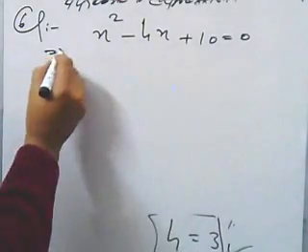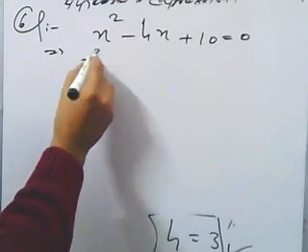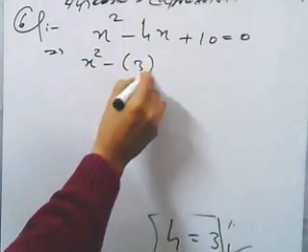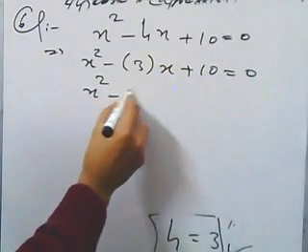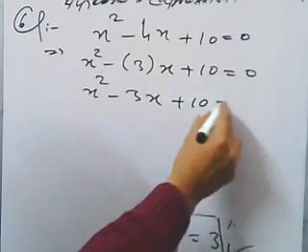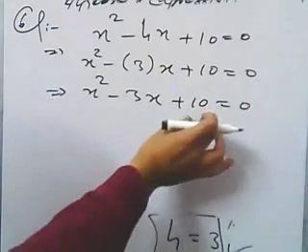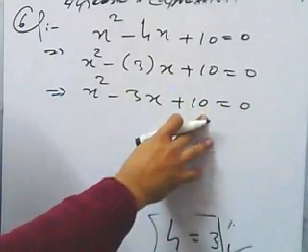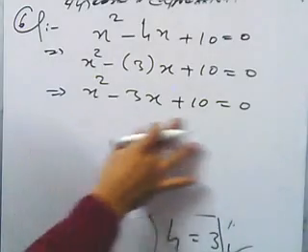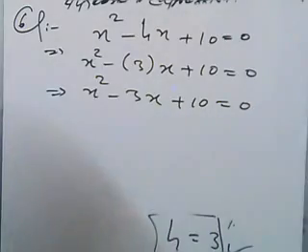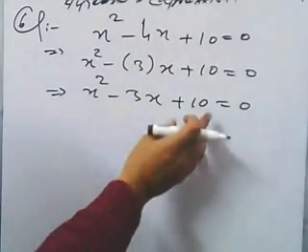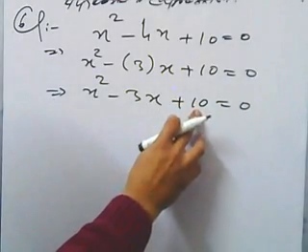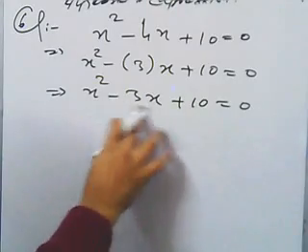Put here the value of h, x square minus 3x plus 10 is equal to 0. So we have to make such conditions that we are able to solve this quadratic equation. How to solve this quadratic equation? After multiplication you will get 10, and addition subtraction you will get minus 3.